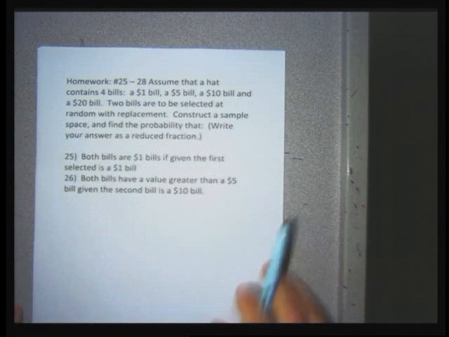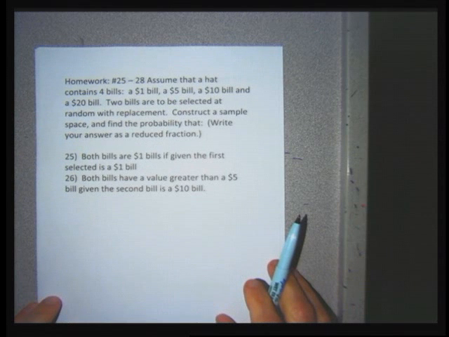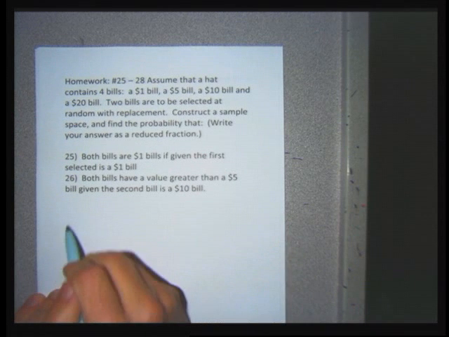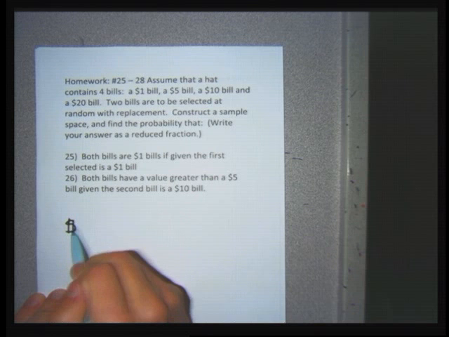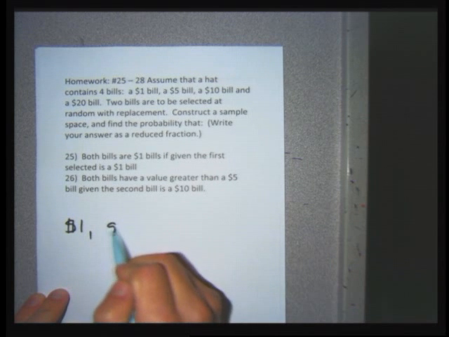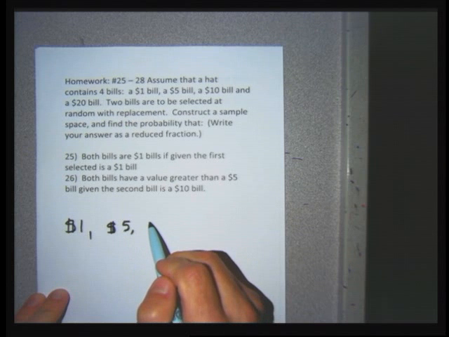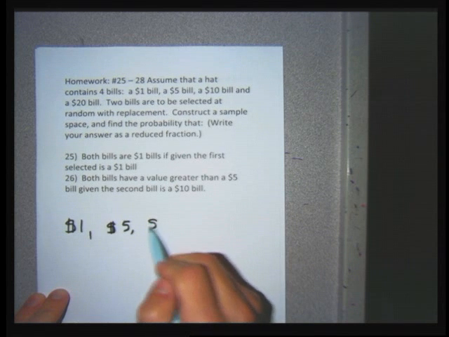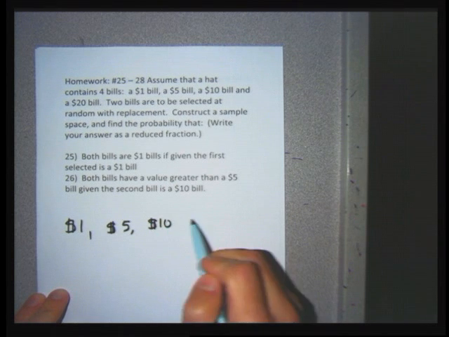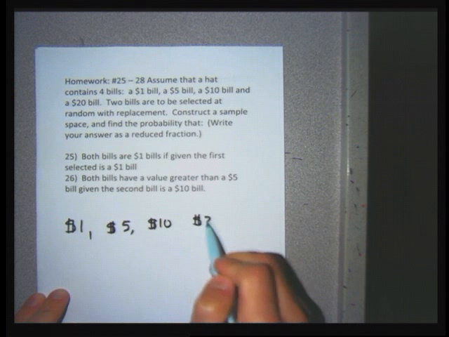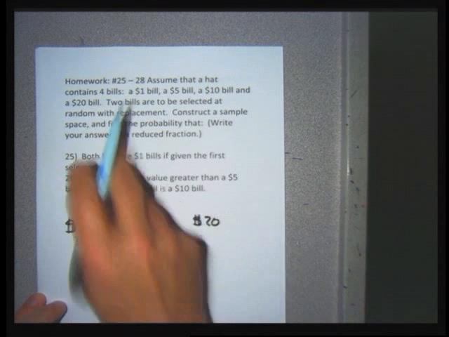Okay, so assume a hat has 4 bills, so it has a $1 bill, a $5 bill, a $10 bill, and a $20 bill, and I'm selecting 2 bills with replacement.